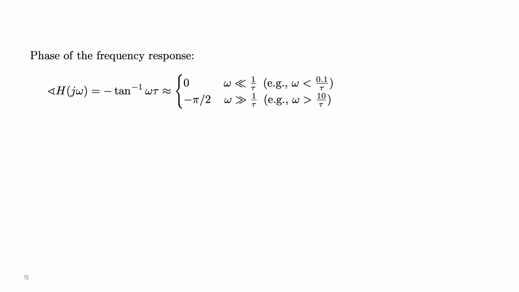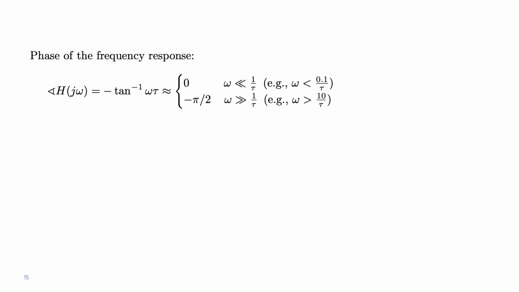We can see the same thing differently. If omega is much smaller than 1 over tau, then omega tau is much smaller than 1, so it is a number very close to 0. That means the corresponding value of the arctangent of that number is 0.